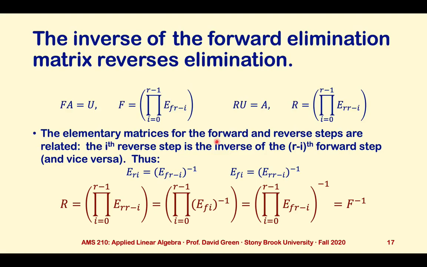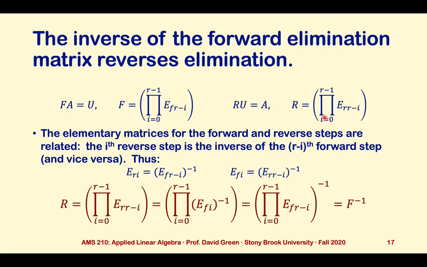The order we apply them is opposite, right? If we take steps 1, 2, 3 until R for the forward steps, going backwards we take R, R minus 1, and so on. And so we have a relationship that the ith reverse elementary matrix is the inverse of the (R minus i)th elementary matrix for the forward steps, and vice versa for the relationship of F_i to the R_i-th matrix for the reverse process.